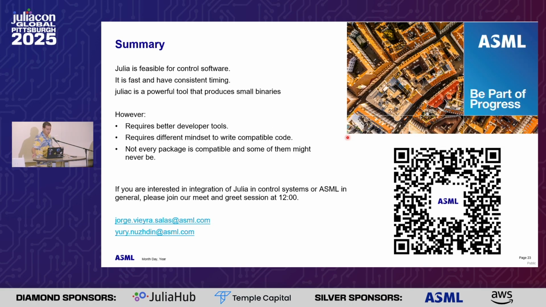So as a summary, we found that Julia is feasible for our use case. We really hope that our next machines would be using Julia in control. So far, it's going well, and we're looking forward to it. However, timing-performance-wise, you can solve all the problems, and there are not so many of them. However, the user experience of using static call graph can be improved, and I hope it will be improved.